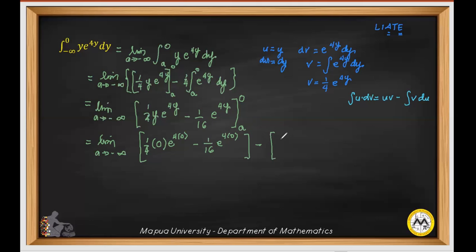So this will give us 1 over 4 a e raised to 4a minus 1 over 16 e raised to 4a.